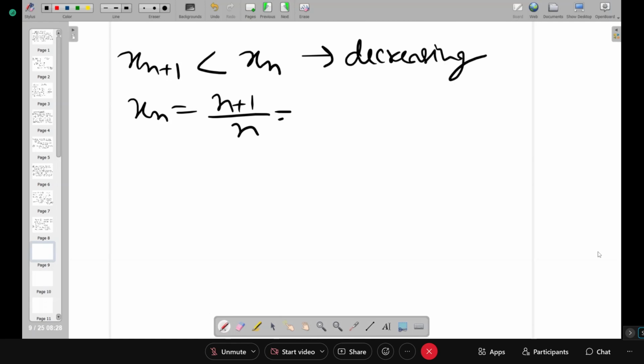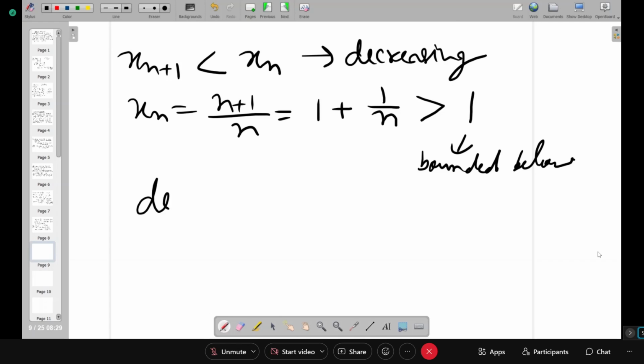Now this becomes n plus 1 upon n, that is 1 plus 1 by n. Now for n tending to infinity, we get 1. So this sequence is always greater than or equal to 1. So what is this? This is the bounded below element.